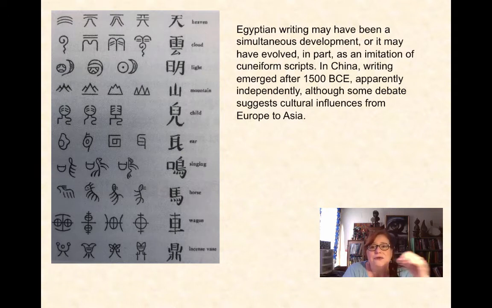In China, writing emerged after 1500 BCE, and it's important to say apparently independently, meaning without contact with other people, although some people think there are cultural influences from Europe to Asia. Again, more information than humanity has ever actually had has been lost, and nobody alive today knows the answer.